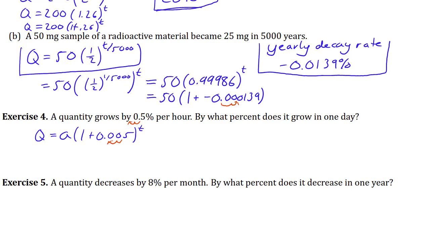By what percent does it grow in 1 day? Well, let's see what we get when t is 24. So here t is the number of hours. So when t is 24, that's 1 day later.